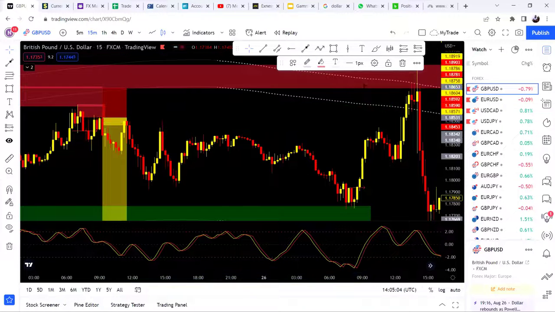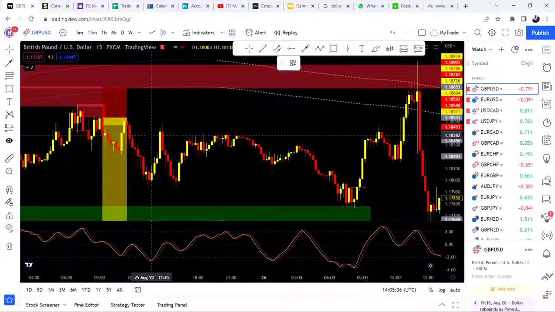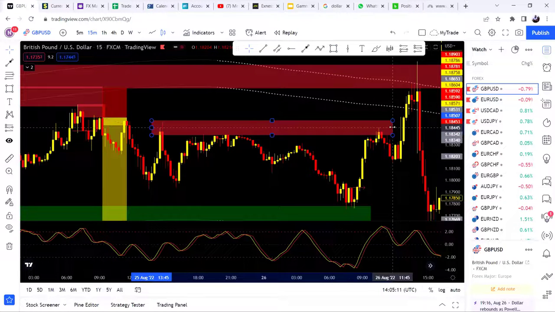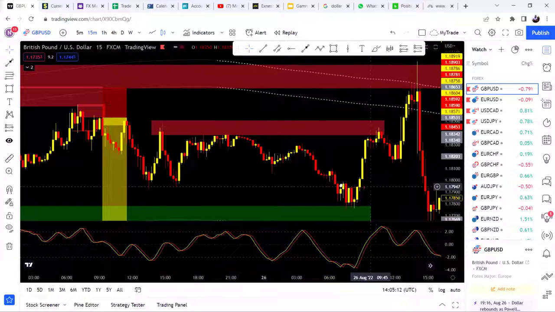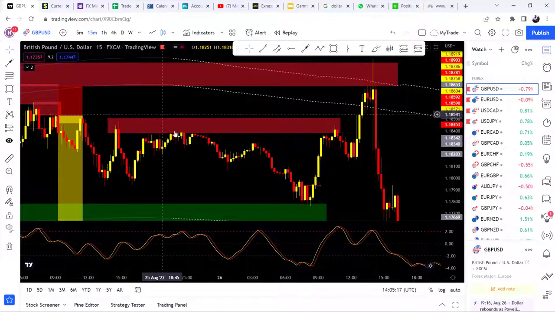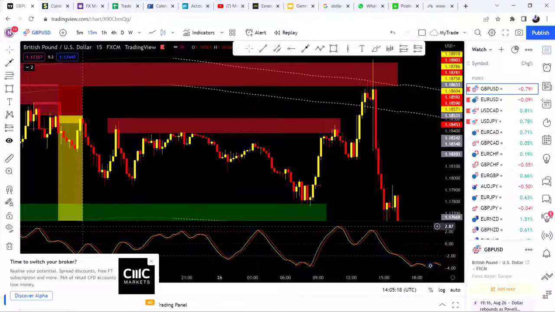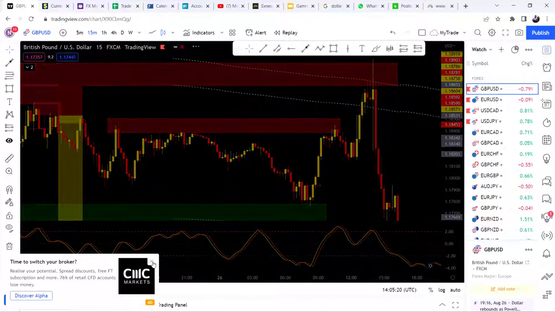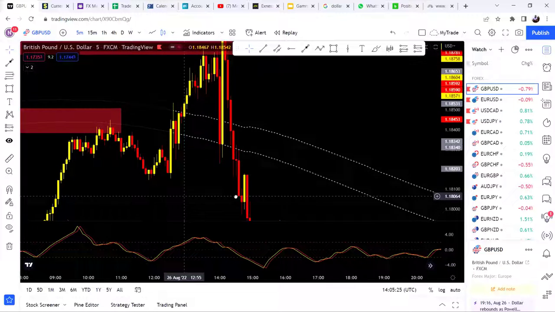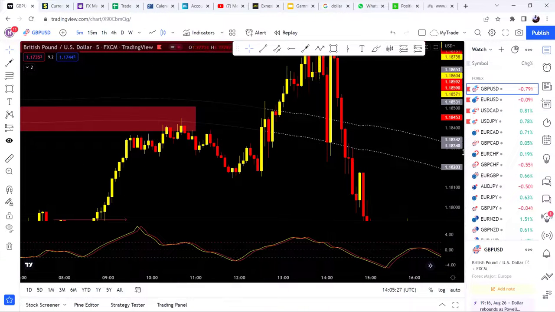I think I used this one, waiting for an entry around this place. Yeah, but if you had gotten an entry here, of course that trade could have been a loss or breakeven, depending on the management style.